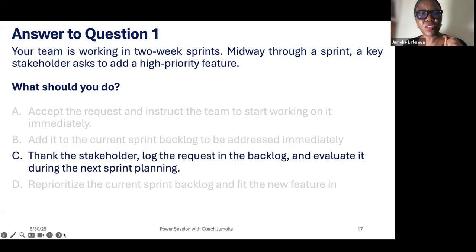That is not the only thing wrong in option B, and addressed it immediately. You cannot put it in the sprint backlog and start working on it immediately. Anytime you see backlog with no prefix, it is the product backlog. So this backlog here is the product backlog, and you need to put it there.